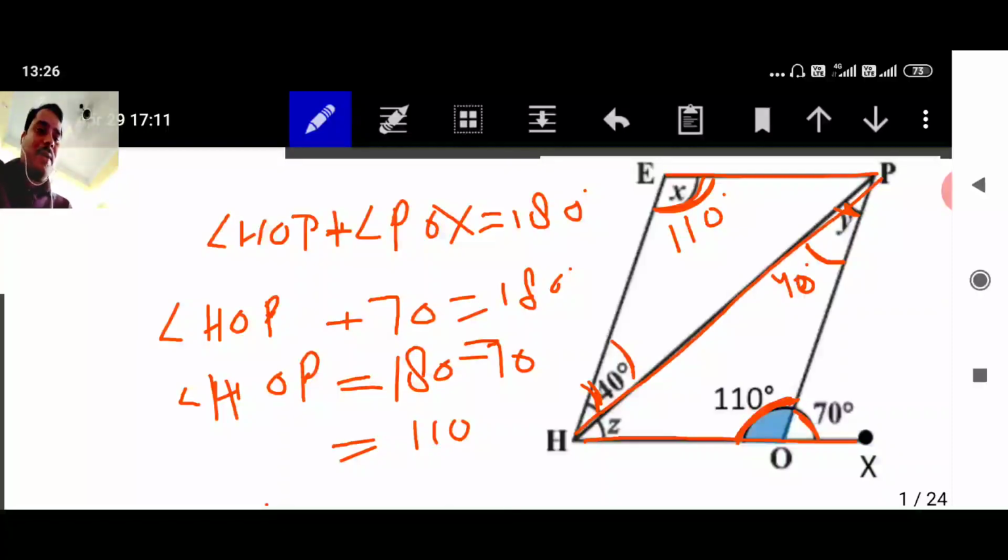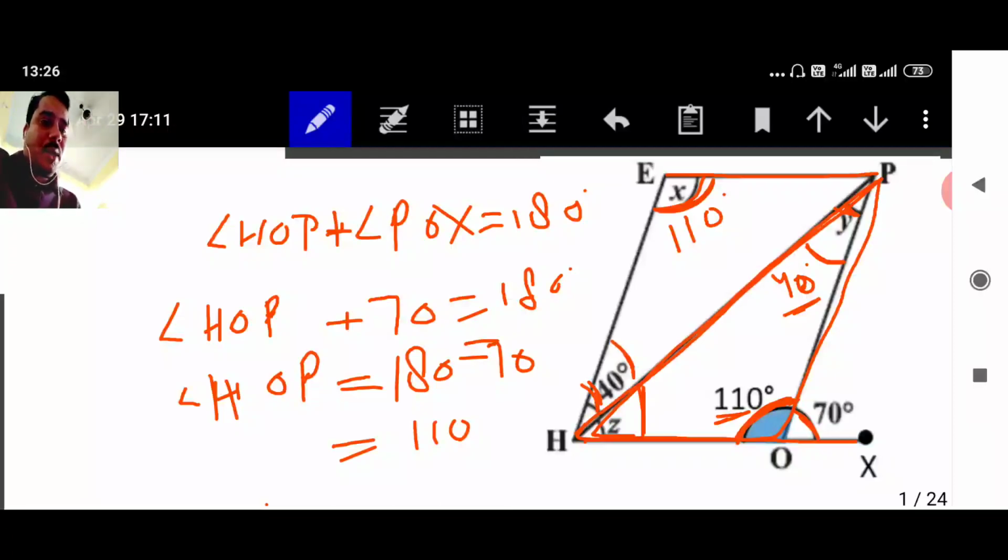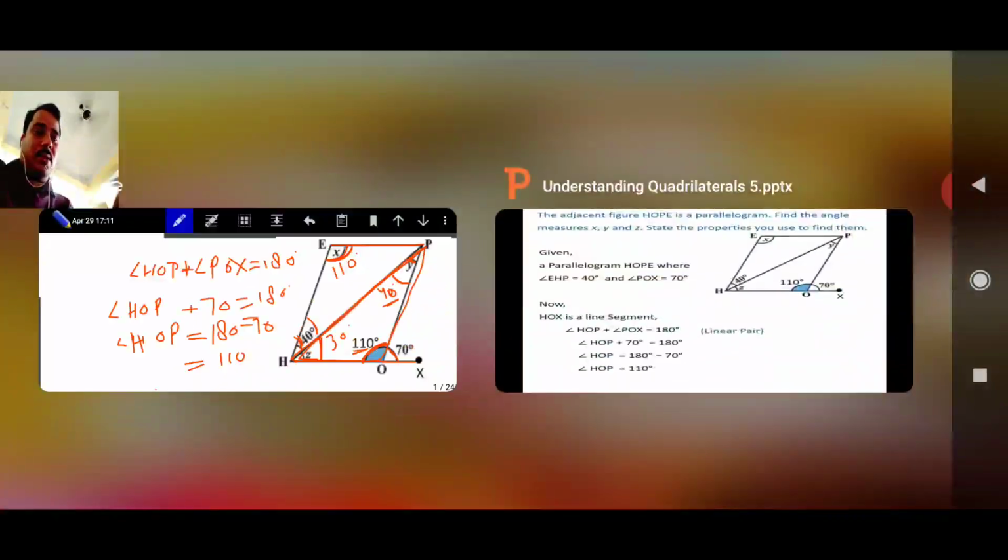What is the value of y? 40 degrees. Then using the angle sum property of a triangle, in this triangle HOP we can get angle z: 110 plus 40 equals 150, and subtracting from 180 we get 30 degrees. You can see the solution here.